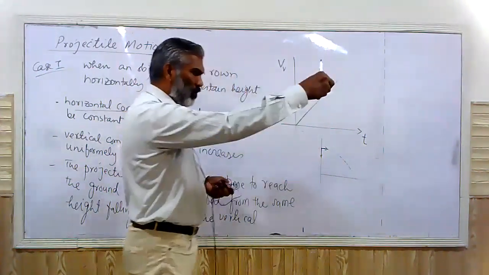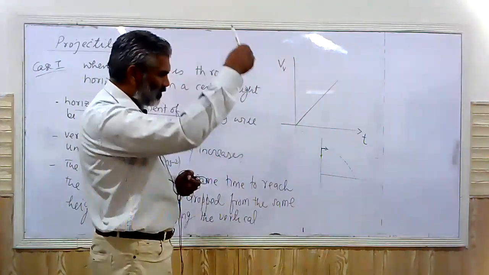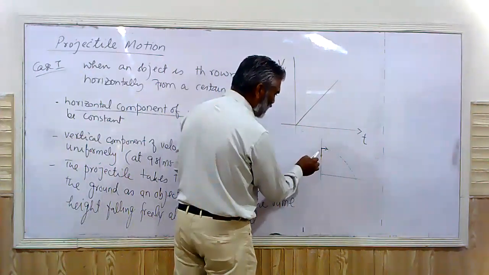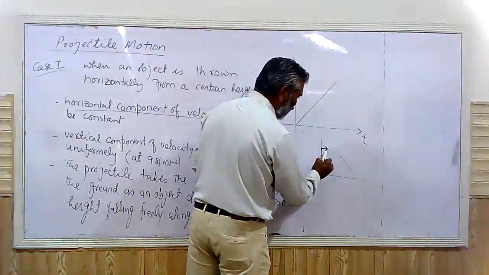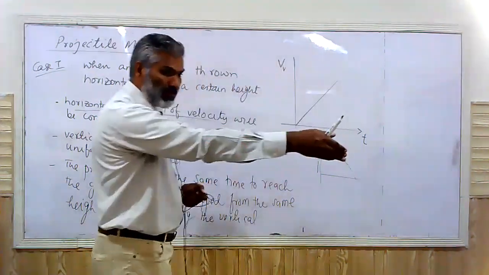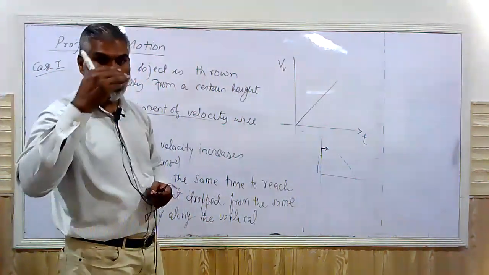That means you have dropped it like this. So an object dropped falls freely and goes to the ground. It takes the same time as this object that is thrown in this direction and hits the ground several meters away. These two objects will take the same time to reach the ground.